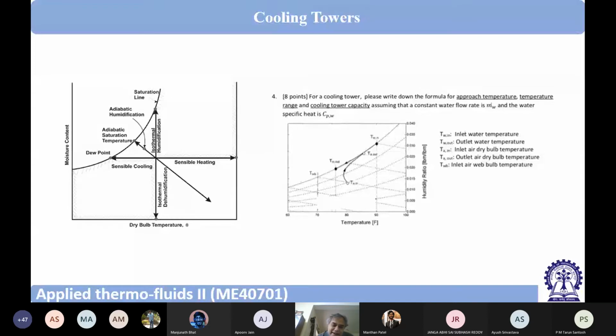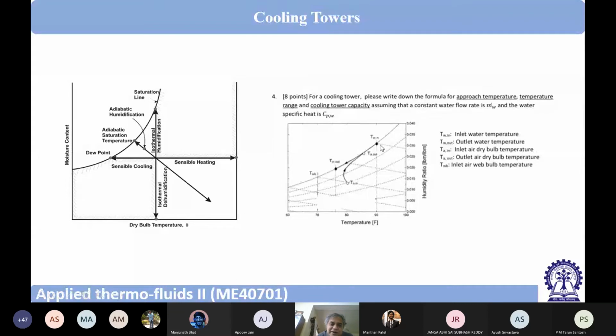Let's say that air and water are transferring heat. Forget about whatever is written at the top. I have quickly put here whatever I have got. So the water enters at this high temperature. This is TW in, at 90 degrees Fahrenheit.